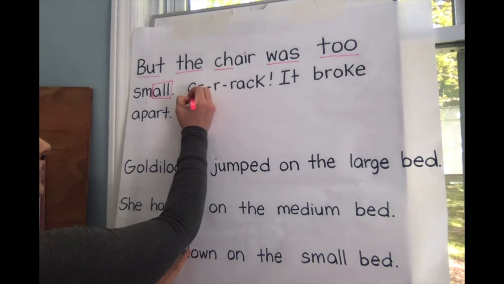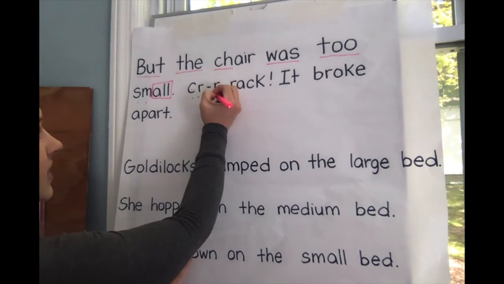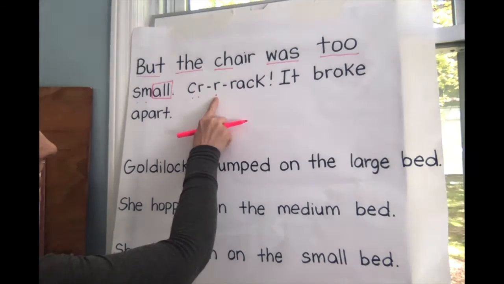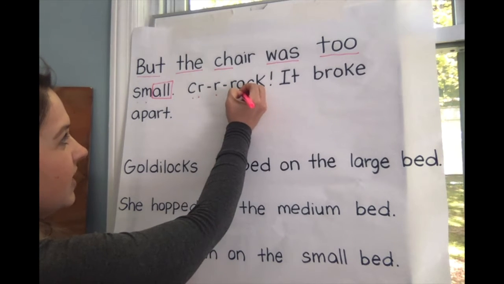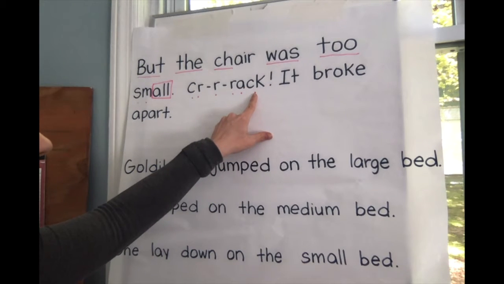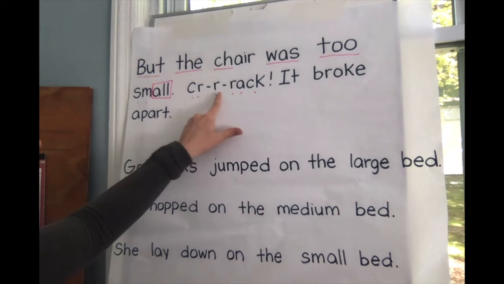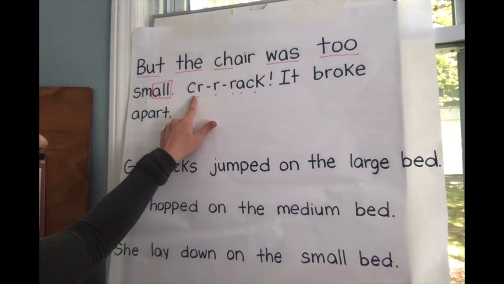At the beginning, we're just going to blend these 2 sounds together. Then we're going to say this sound on its own. And then you can read the ending part by doing a little bit of stretching. Remember, CK stands together to make one sound. Now, you might notice, if you figured out what this says, that it's going to make a sound word. So when we're reading it, we're going to try to make the sound like this. Crack.